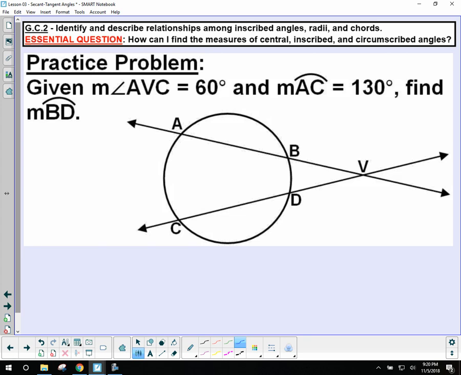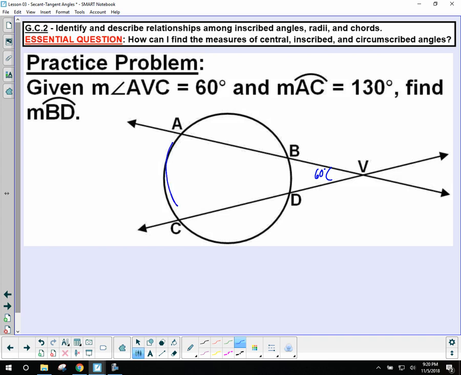Alright, now that we're back, after you've drawn the picture, just label what's given. Angle AVC, that's right here, is going to be 60 degrees. Measure of arc AC, that's over here, is going to be 130.